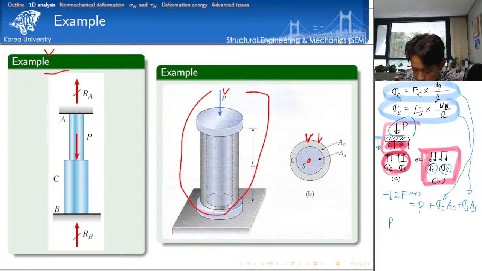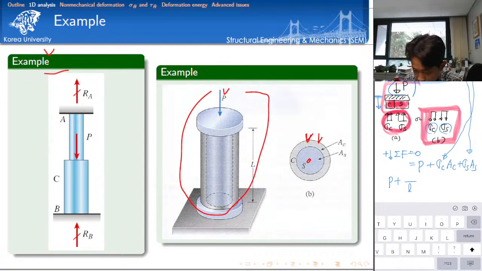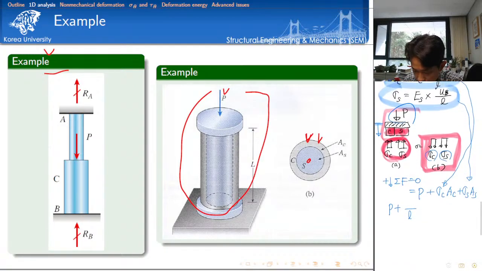So P plus the elastic modulus of copper, the area of copper, divided by the length of the member, times nodal displacement at point B, plus elastic modulus of steel and the area of the steel divided by length and the nodal displacement should be equal to 0.